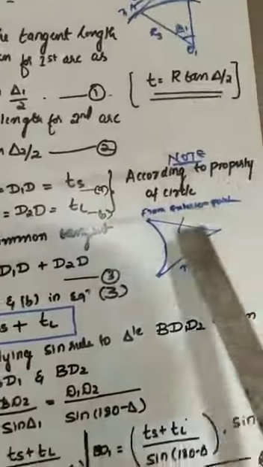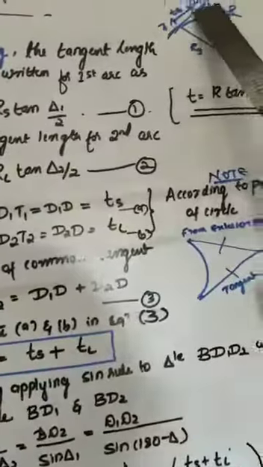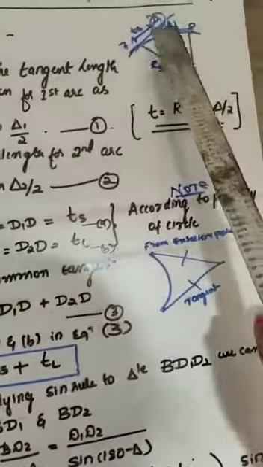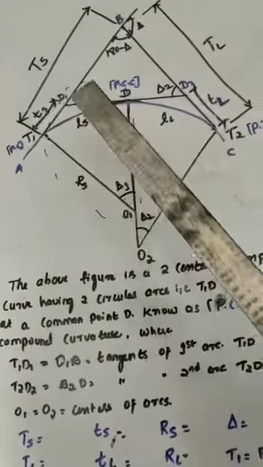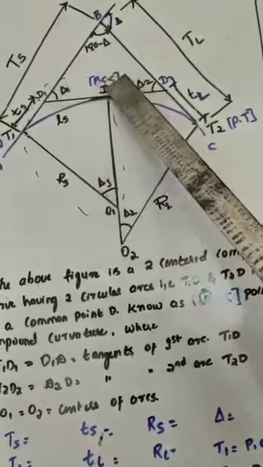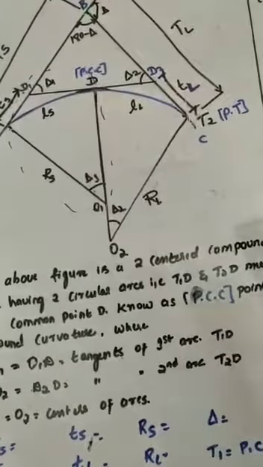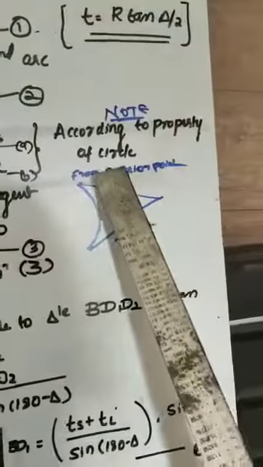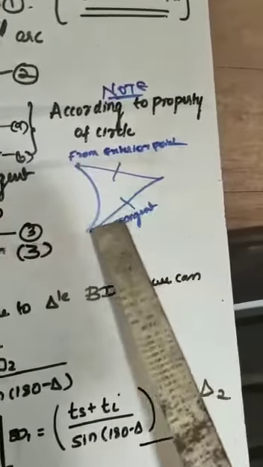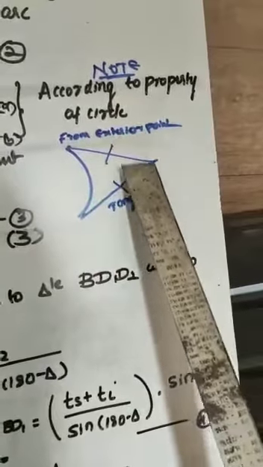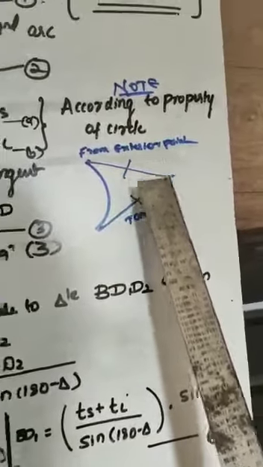See, D1 T1 and D1 D are the tangents for this particular arc. For this first arc, T1 D1 and D1 D are the tangents. From the property of the circle, whatever tangents are drawn from an exterior point of the circle, those two tangent segments are equal.